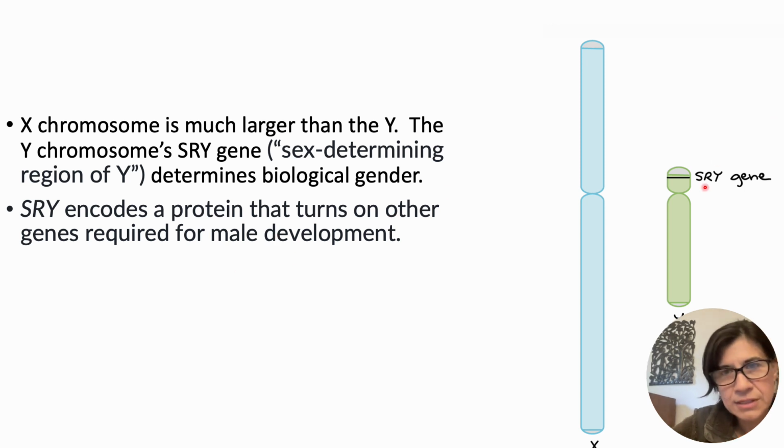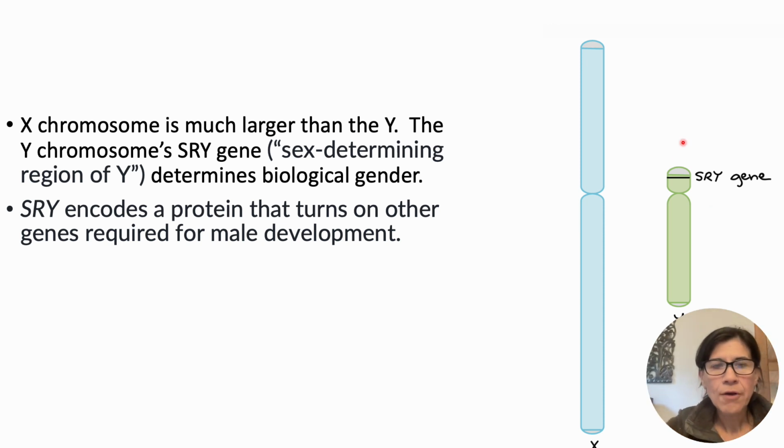So if you have this gene, you're a biological male. If you don't, and you just have two X's, you don't have this protein that turns on everything needed for male development, so you're a female. All right, so that's just a little bit about the sex chromosomes.